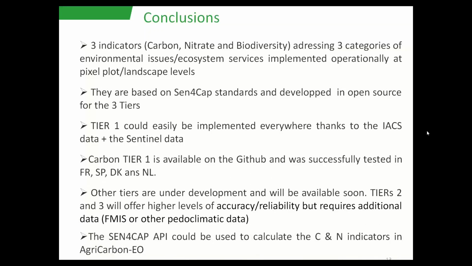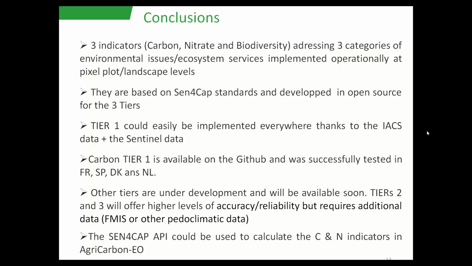Carbon Tier 1 is available on the GitHub on the NIVA website, and it was successfully tested in several countries now. And the other tiers are under development, and they will be soon available. Also, tier 2 and 3 will offer a higher level of accuracy, as I was saying formerly, but they will require some additional data like FMIS or climatic data.